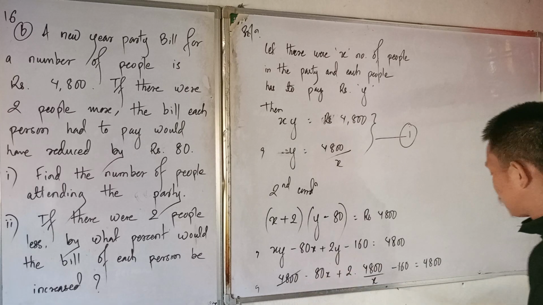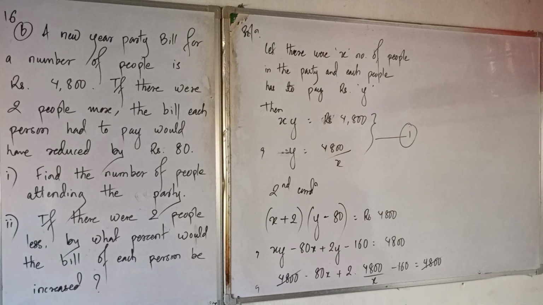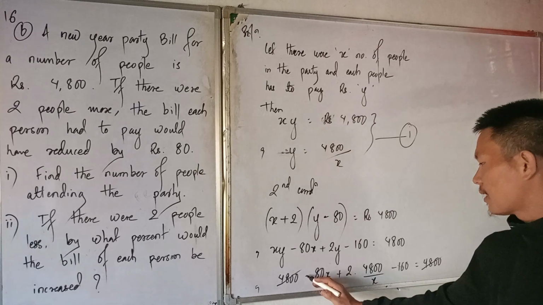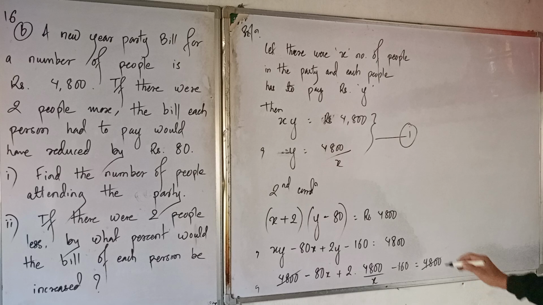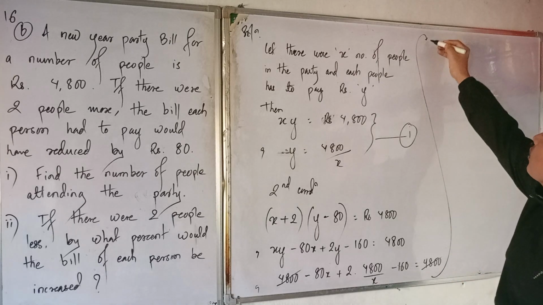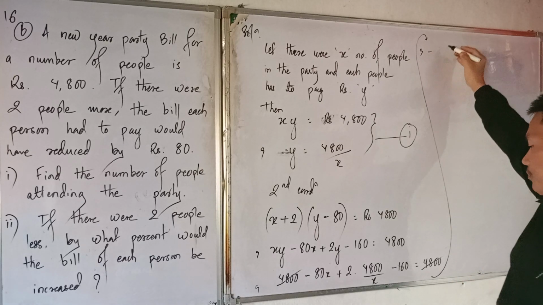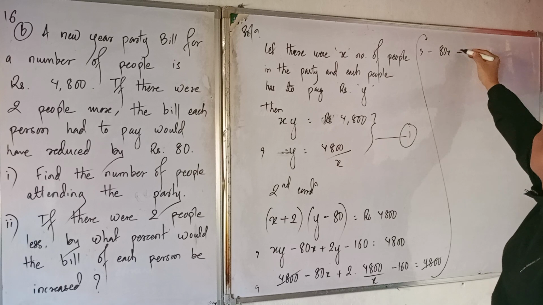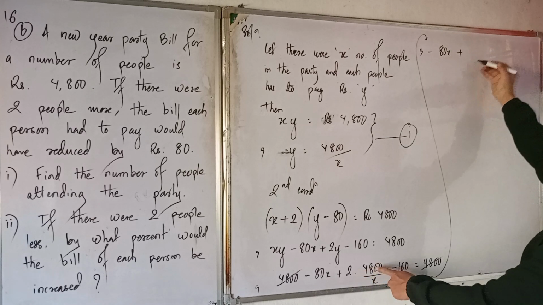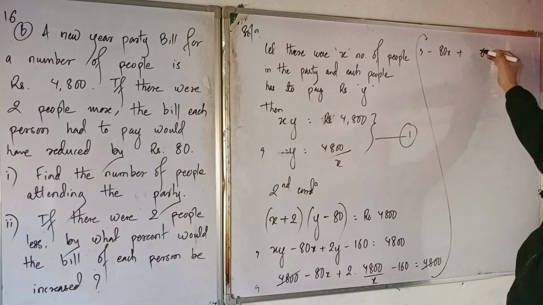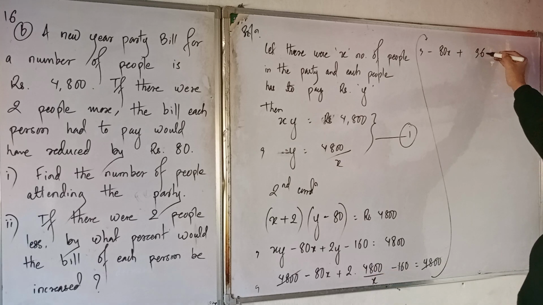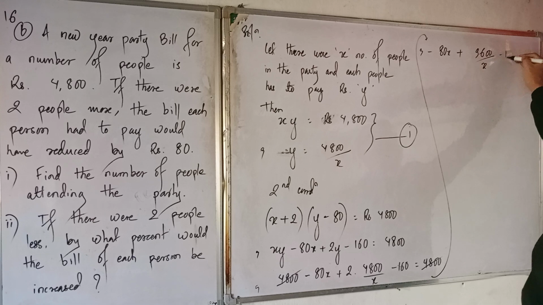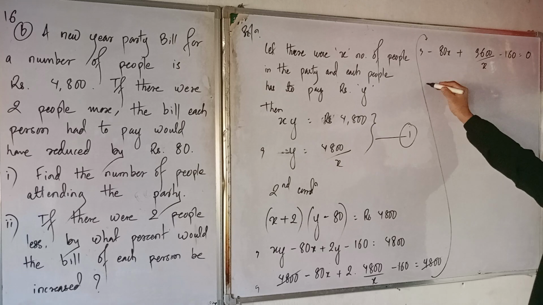Now you just remove this. From here, minus 80x plus 9,600 divided by x minus 160 equals 0.